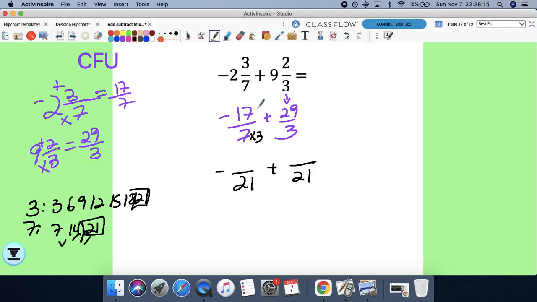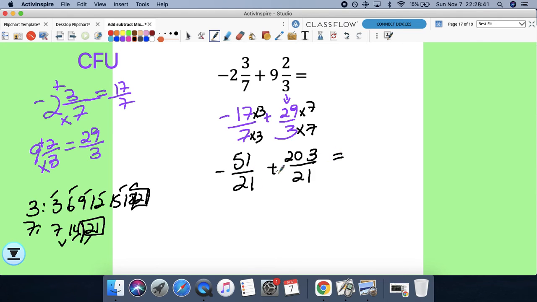So I multiply the top by 3 and I get 51. 3 times what is 21? It's 1, 2, 3, 4, 5, 6, 7. And on top, I multiply it by 7. And that's going to give me 203. So now we can add, right?